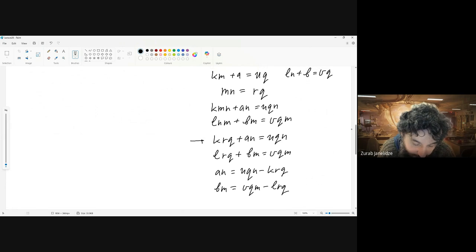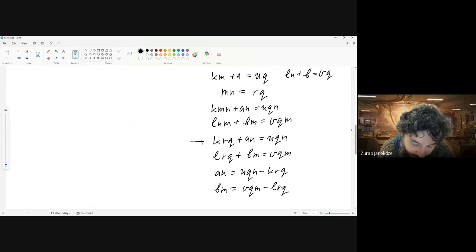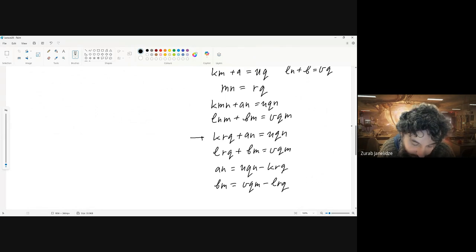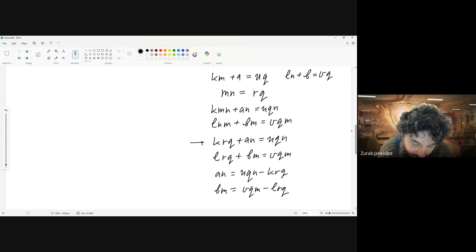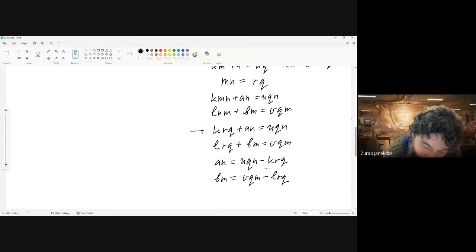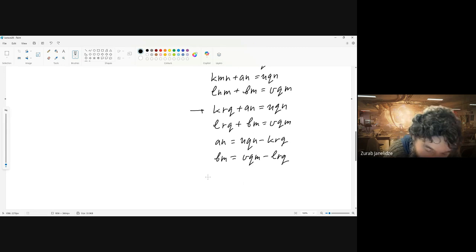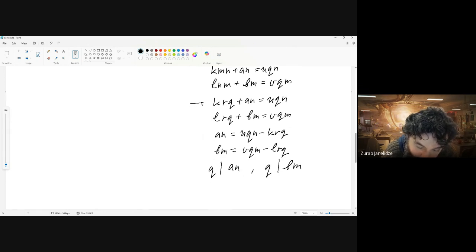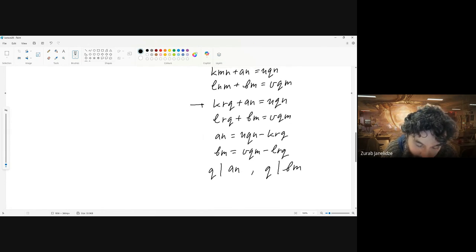And so you see that now we're getting that the right hand side of this is divisible by Q and also that, right? So we get that Q divides AN, and also we get that Q divides VM, right?